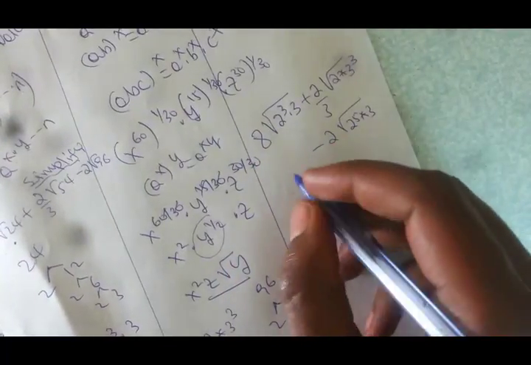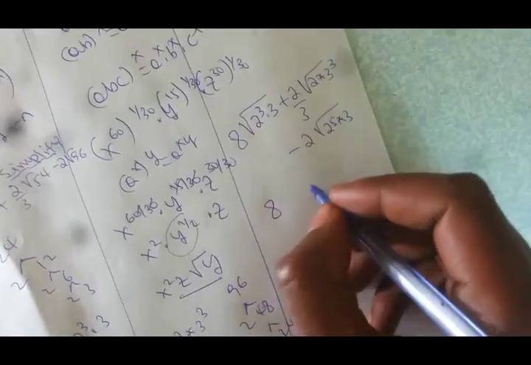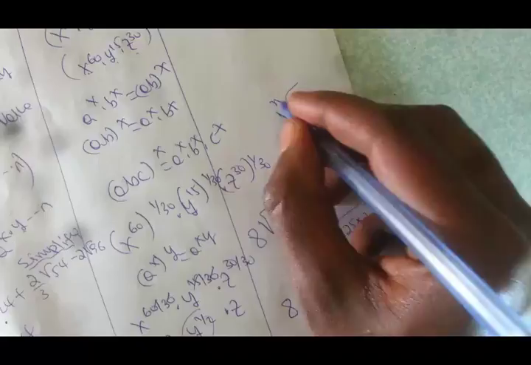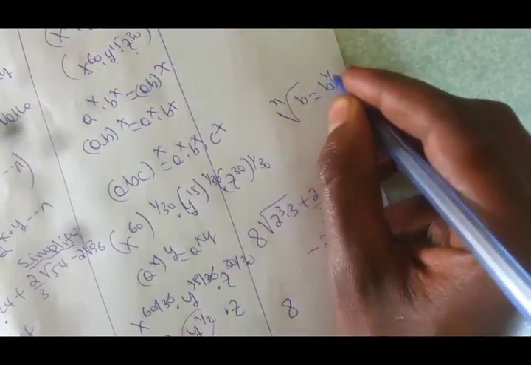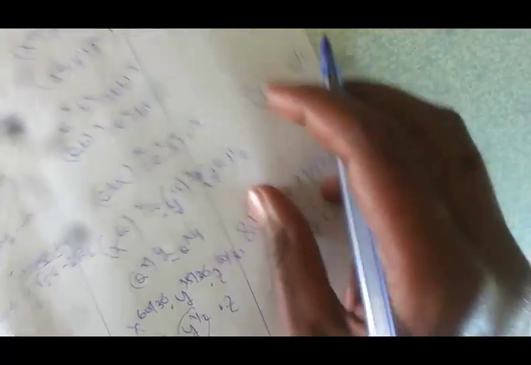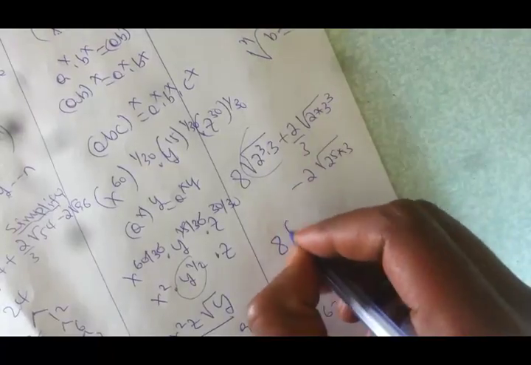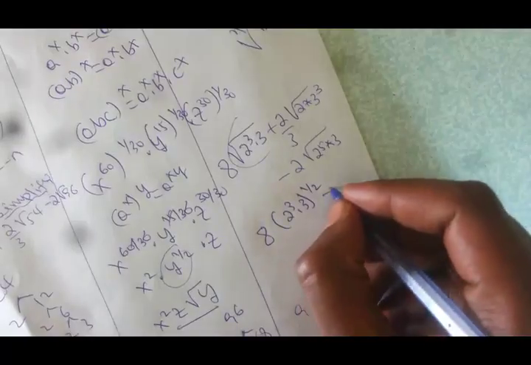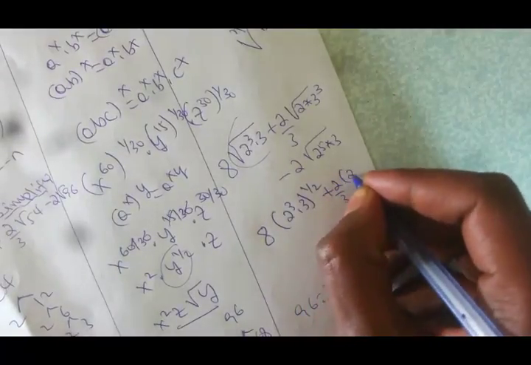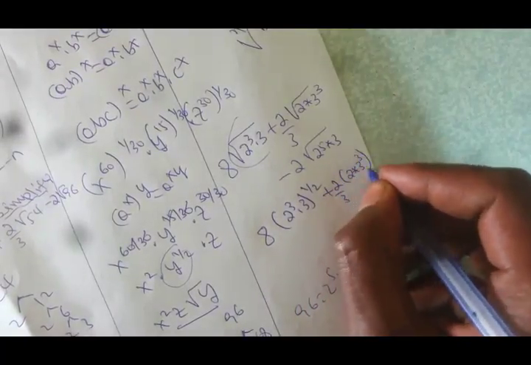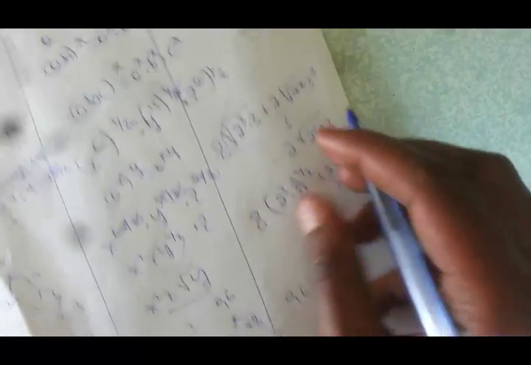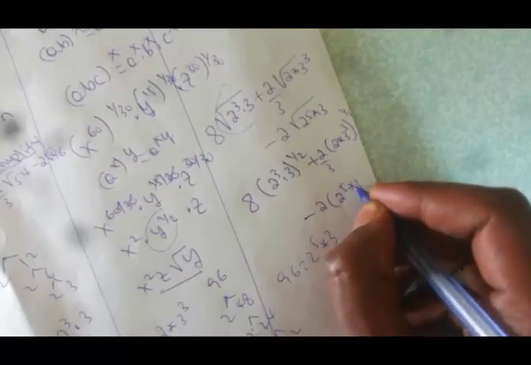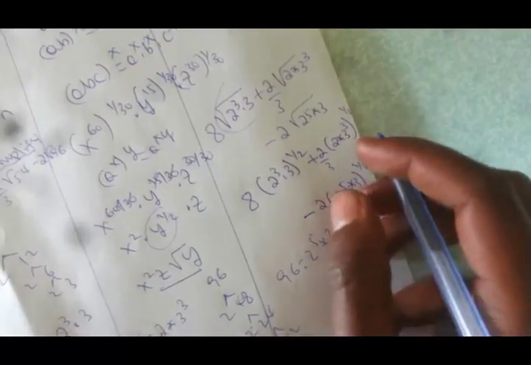We know that the nth root of b is equal to b raised to 1 over n. Writing this in the form of exponents, it is equal to 2 raised to 3 times 3 all raised to 1 over 2, plus 2 over 3 times 2 times 3 cubed raised to 1 over 2, minus 2 times 2 raised to 5 times 3 raised to 1 over 2.